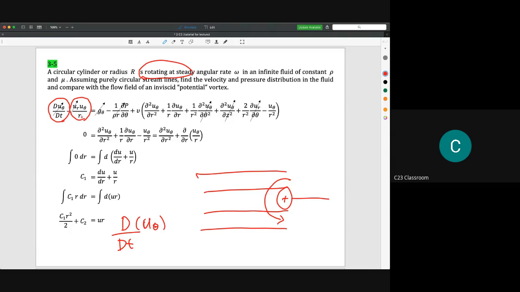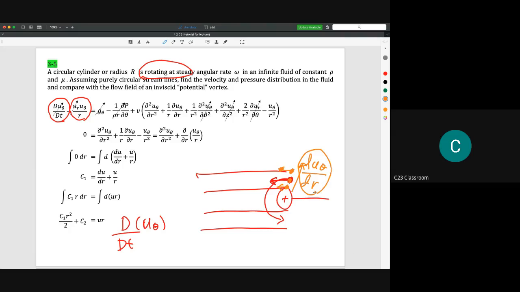We have a u theta here in this direction, and this u theta is different from the u theta below. So the change from here to here is actually du theta dr.